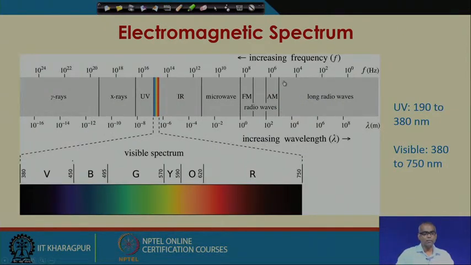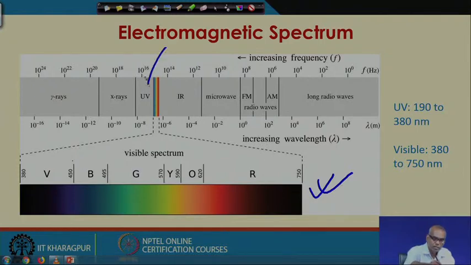Let us first look at an electromagnetic spectrum. The UV region is typically from 190 to 380 nanometer and the visible region is typically from 380 to 750 nanometer. So, here the visible spectrum is shown and next to that is the UV region.